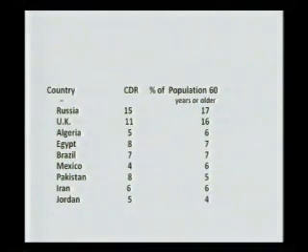Jordan has the lowest crude death rate because it has a very small percentage, only 4% of the population, which is older. Since there are more older people in Russia and UK, they are at higher risk of dying. That's why age is a very important factor when you are studying mortality or death rates.